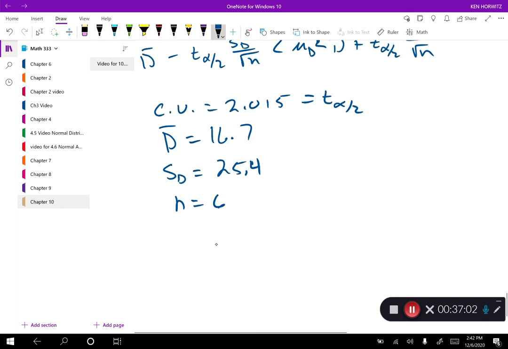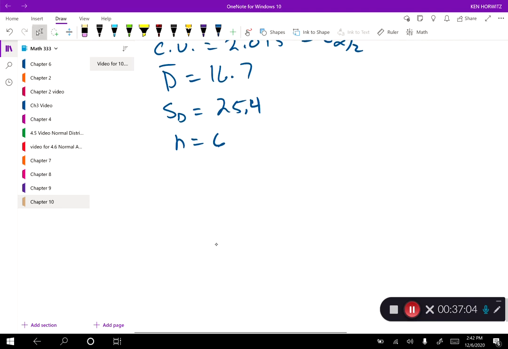Okay, so let's take a look. So I got 16.7 d bar, right, which is minus 2.015 times 25.4 over the square root of 6.